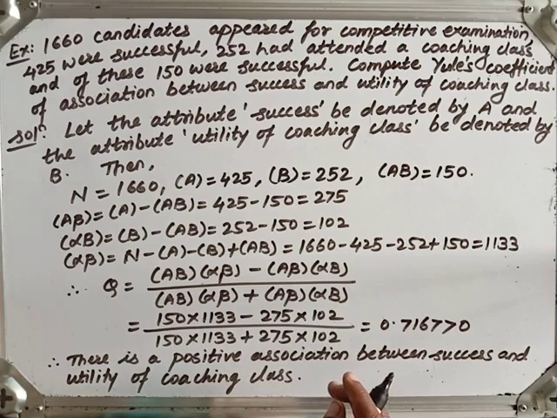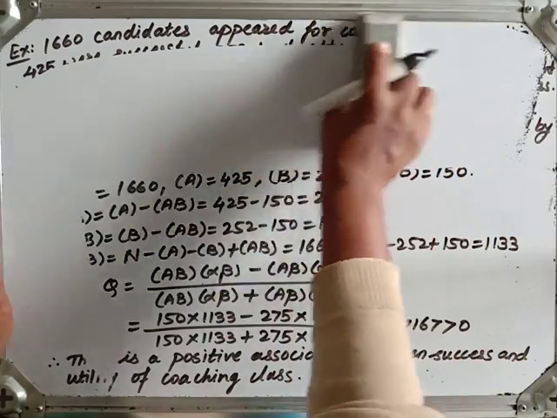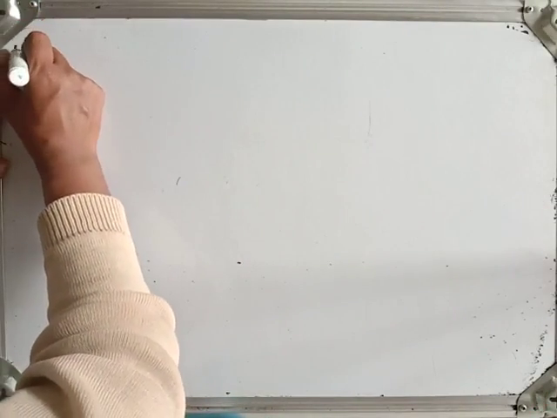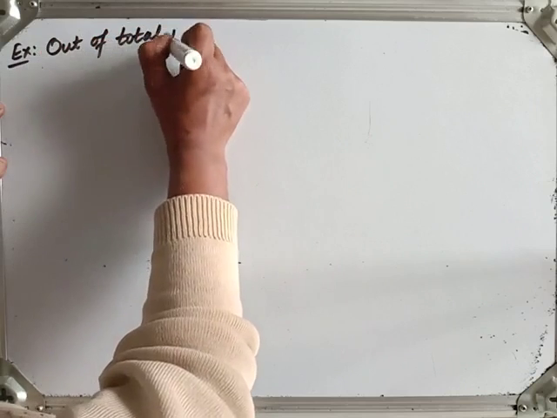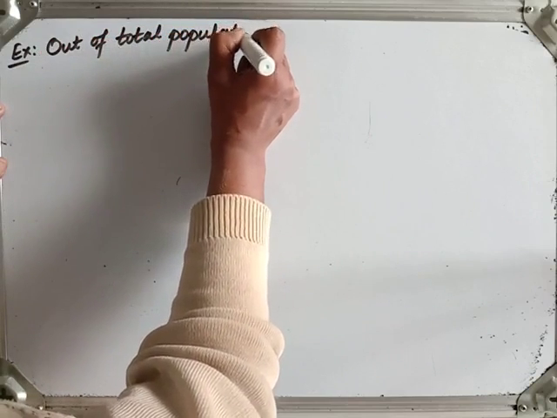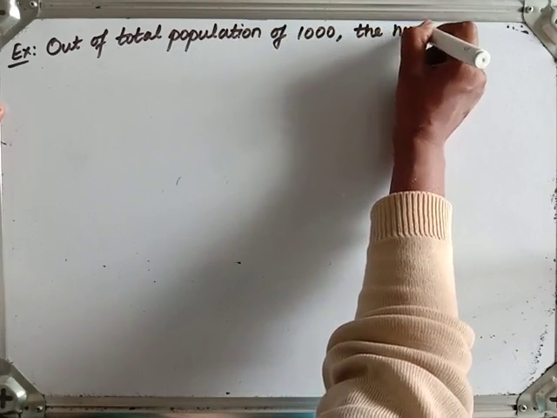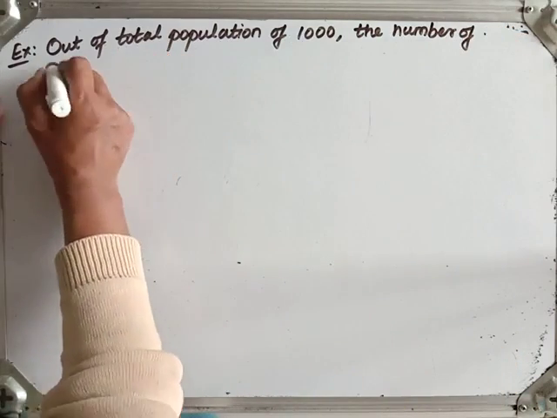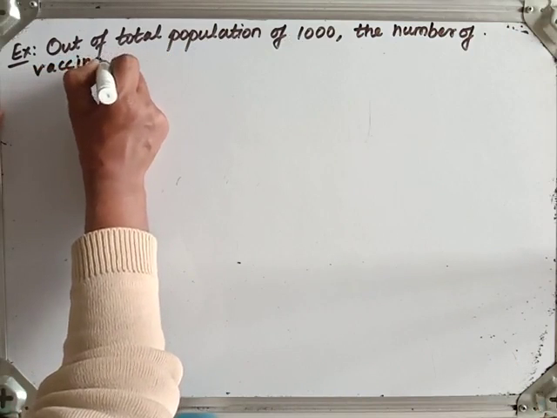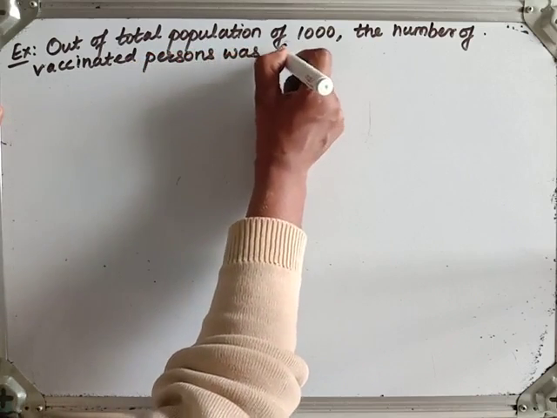And now, let's see one more example. Out of a total population of 1000, the number of vaccinated persons was 600.